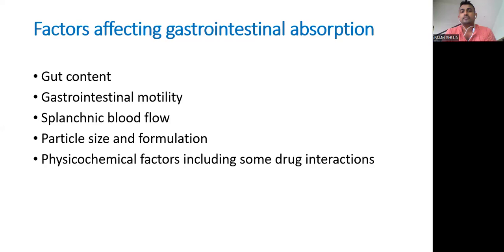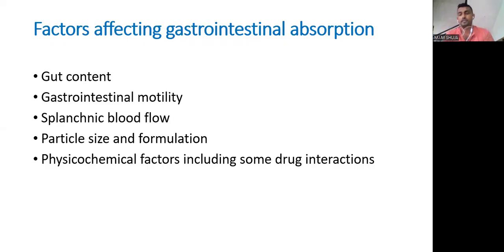The factors affecting gastrointestinal absorption: the gut content. If you have any other foods or other drugs which have some interaction with the particular drug, the absorption is affected. If you are having diarrhea, your gastric motility is too fast. You don't have enough transit time for absorption, so there's a problem in absorption.